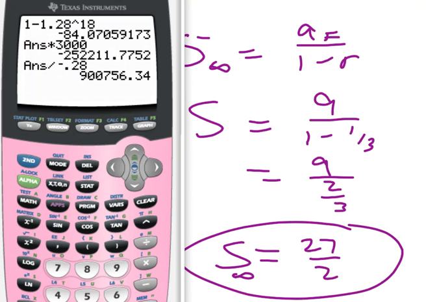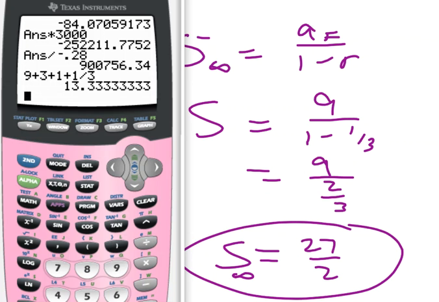So what that's saying is 9 plus 3 plus 1 plus 1/3. I'm going to type in a bunch first to start. Okay. It should come out as 13.5. That's what 27 halves is. I'm at 13 1/3 already.